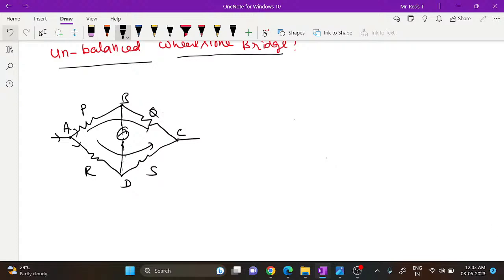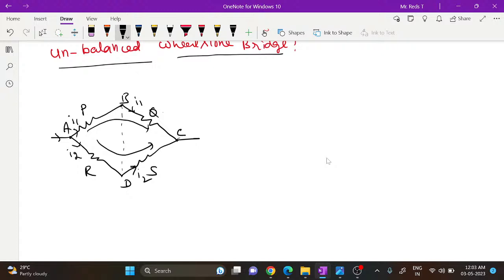In the balanced case, let us say this is I1 and this is I2. The same I1 flows through P and Q, and the same I2 flows through R and S. Now the potential difference between A and C is fixed, constant.